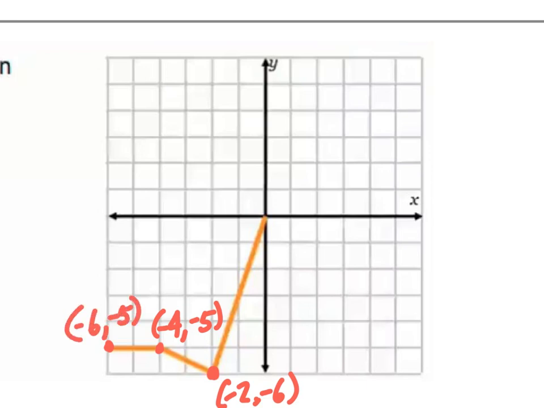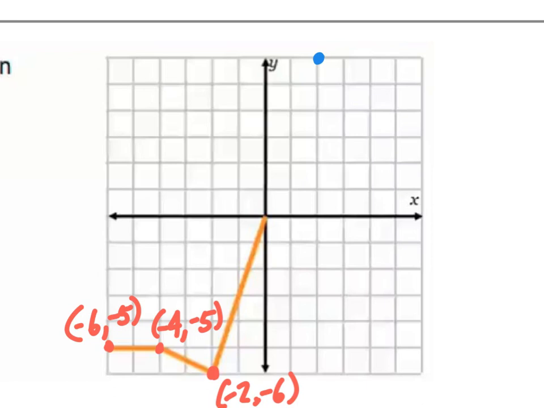As a result, I want to take those points and reflect them over the origin. I would just flip the points around so that they are the opposites. If I have the point negative 2, negative 6, the opposite point would be 2, positive 6, which would be up here.